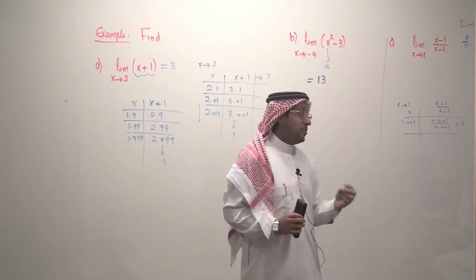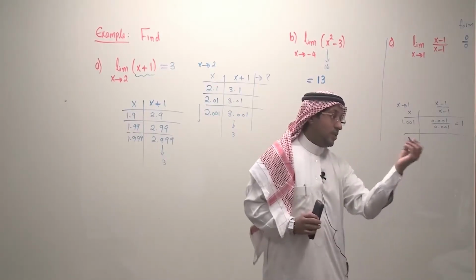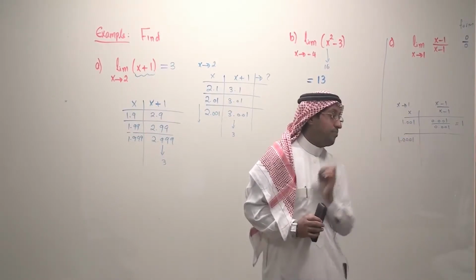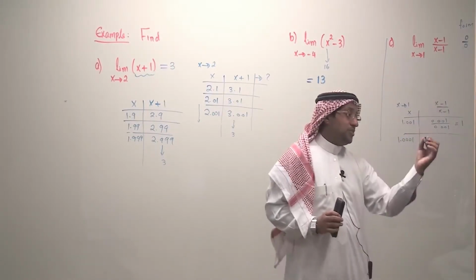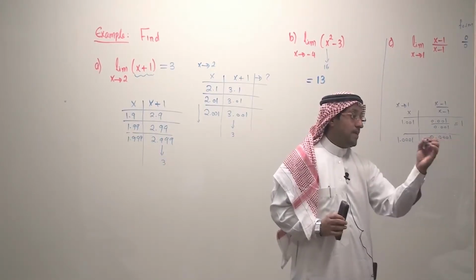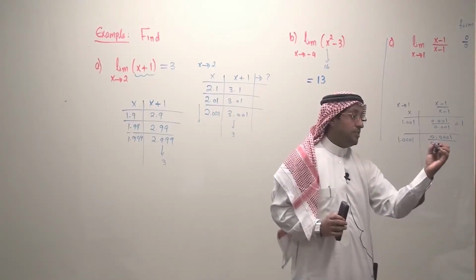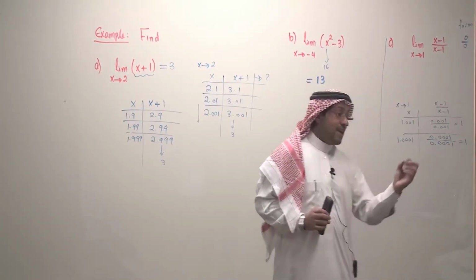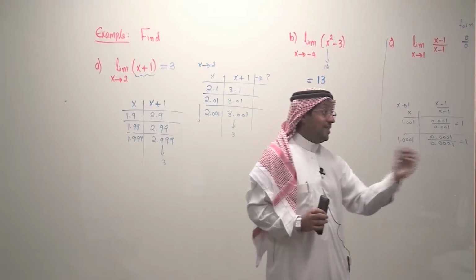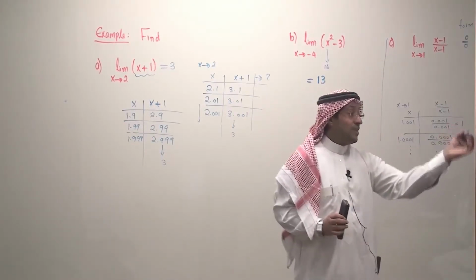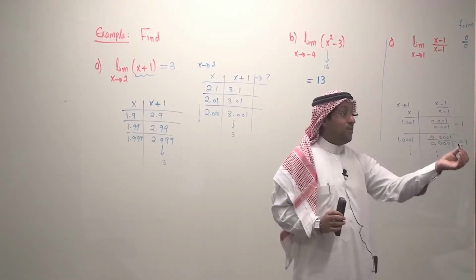And when you take a closer value, say 1.0001, when you substitute here, this will be 0.0001 divided by 0.0001, which is also 1. In fact, when you take values from either side, as we said before, you will discover all of them are 1.